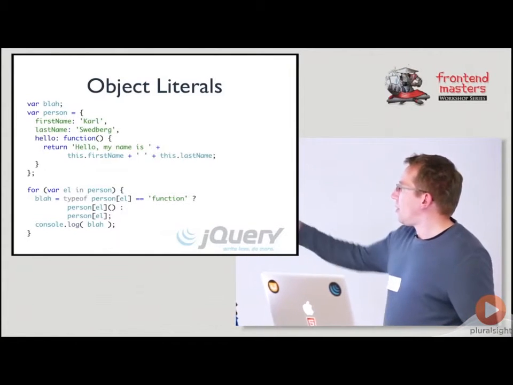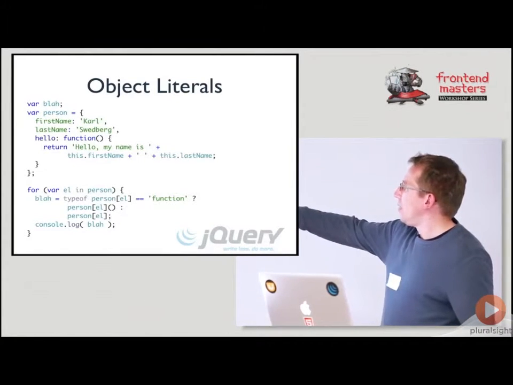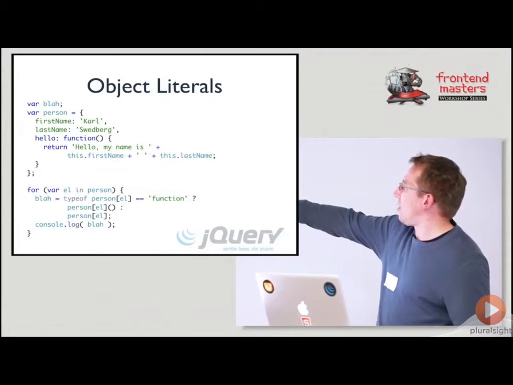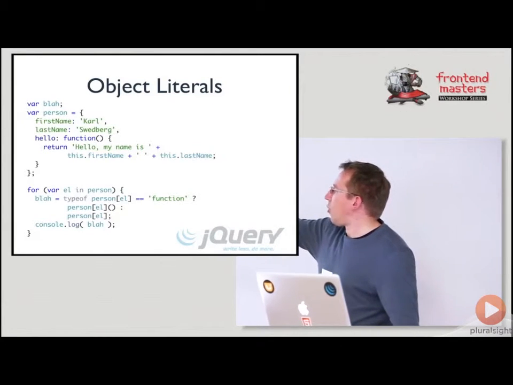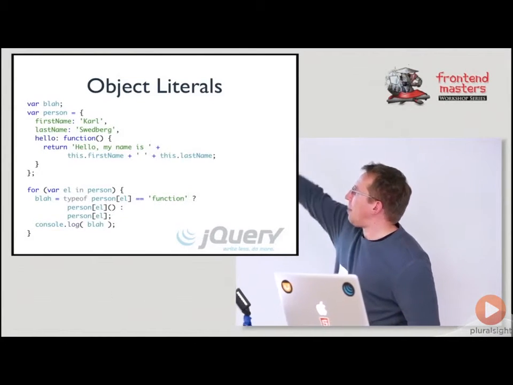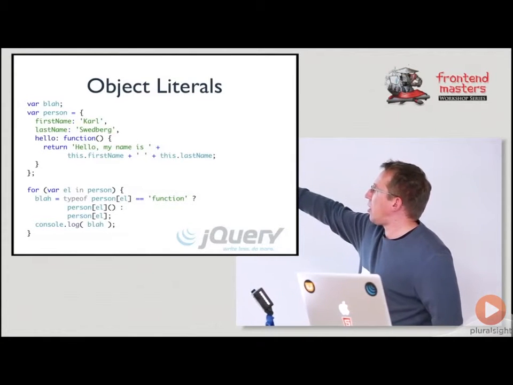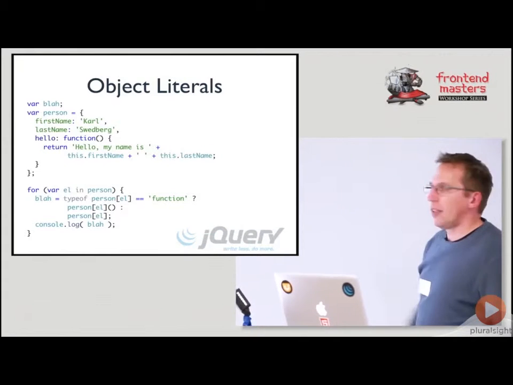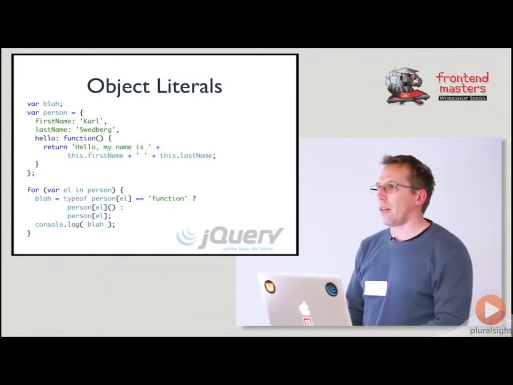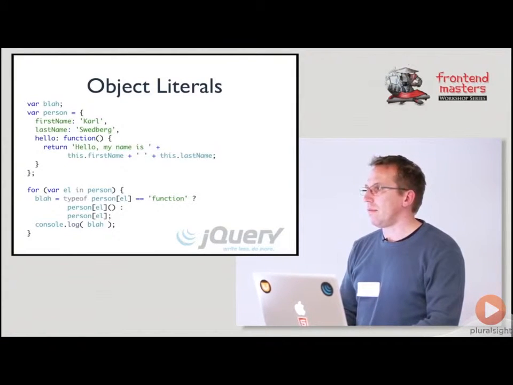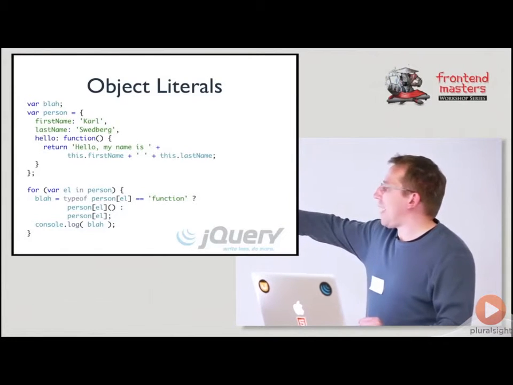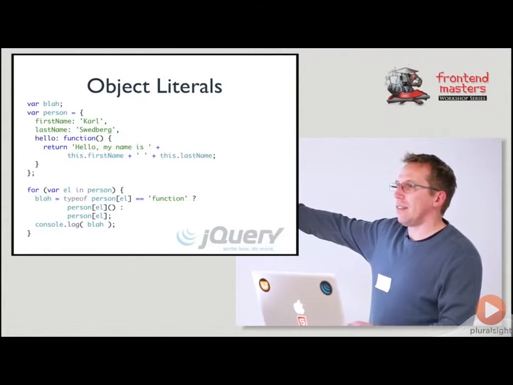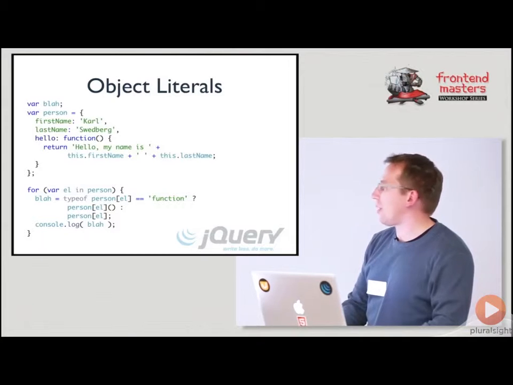And so blah will equal the result of saying person. In this case, the only person element there that's a function is hello, and so that one will be called. Otherwise, it'll just show what the value is. And that's a fancy way of saying if-then, using the question mark and the colon.